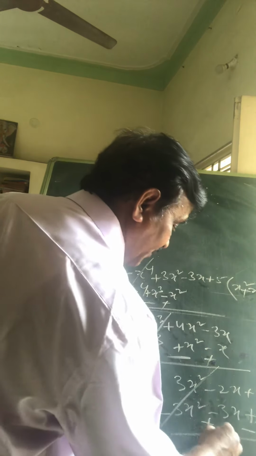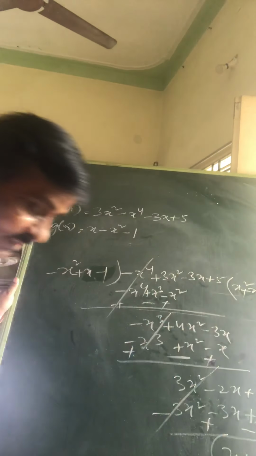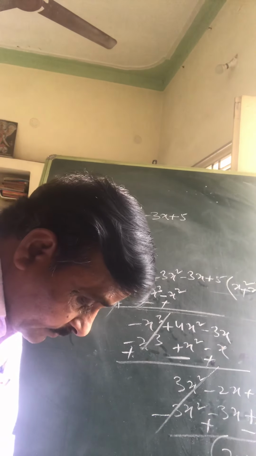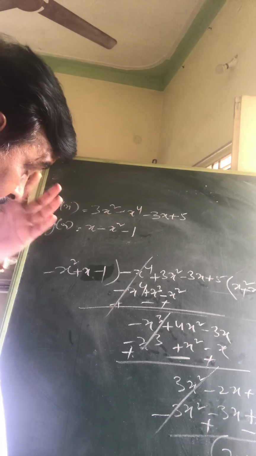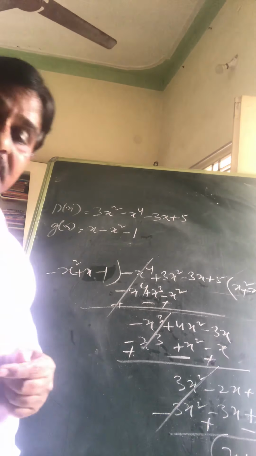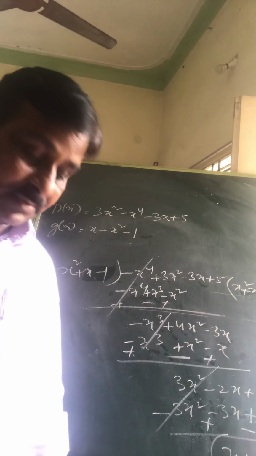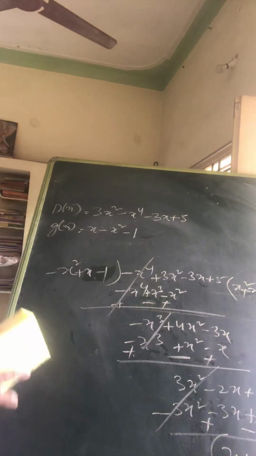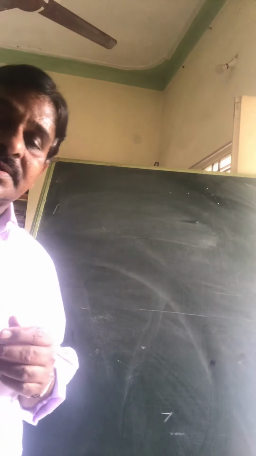That means x plus 2. You got the remainder here. Therefore, we have to say that it is not a factor. Okay. Now, if you get the remainder as 0, we have to say that it is a factor. Did you understand that? Okay.